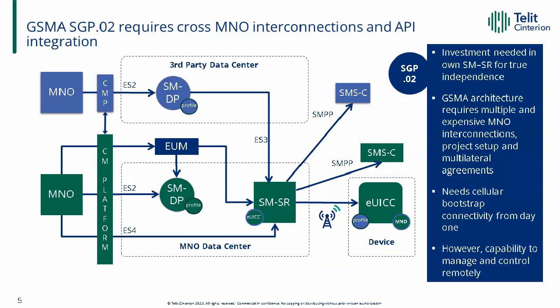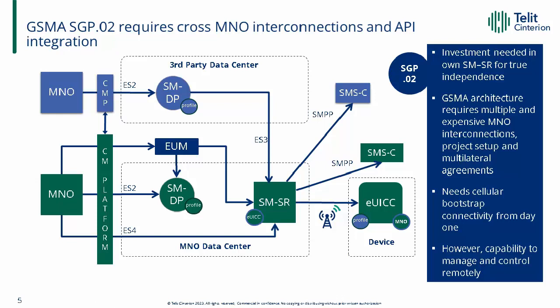So let's look into a little bit of detail on the SGP.02, the M2M approach, first. On the right side, you can see the device, right? And then the eUICC inside this device, that is the eSIM. And it is connected to the SMSR, that is the Subscription Manager Secure Routing.